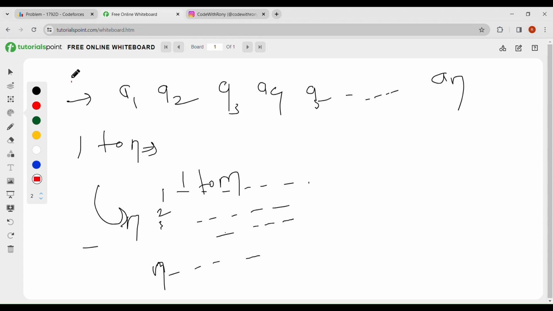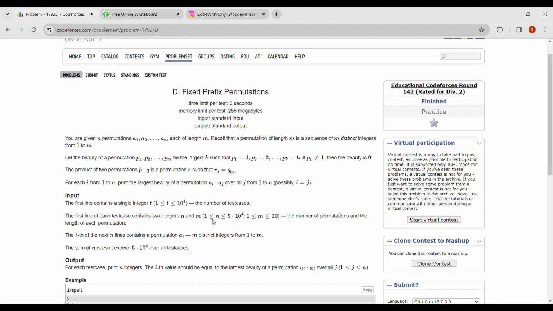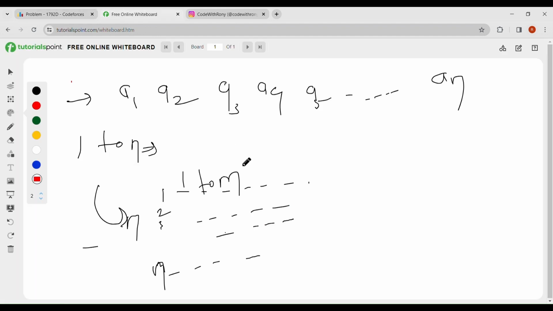This is the initial condition. Now they say the beauty of a permutation is the maximum index up to which the values equal their indices. Suppose index 1 has value 1, index 2 has value 2, index 3 has value 3. This is the index and this is the value.